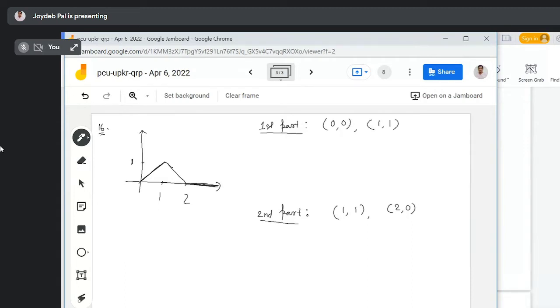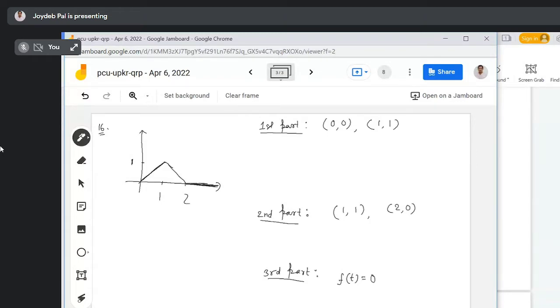And the third part is simple. What is the equation of the third part? It is actually a portion of the x-axis. y is equal to 0. That means f(t) is equal to 0. Right?